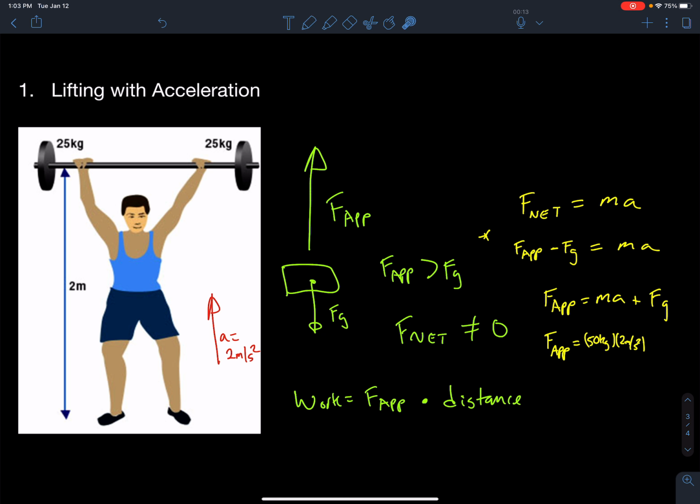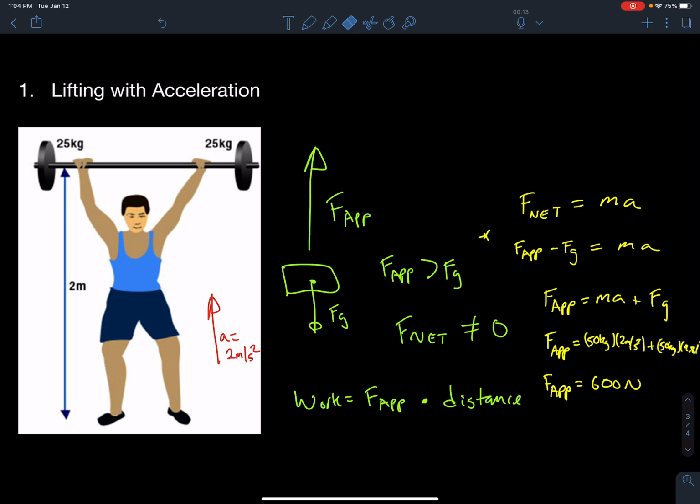That's what we said was the acceleration that he's pushing up with, plus the total mass times gravity. So 50 kilograms times 9.81. Sorry, those are really small numbers there. Okay, so what is that going to be? I'm just going to round this to 10. So 500 newtons plus 100 newtons. The applied force that he is pushing is around 600 newtons worth of force.